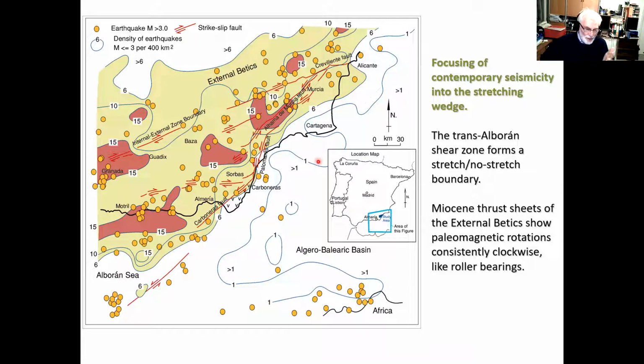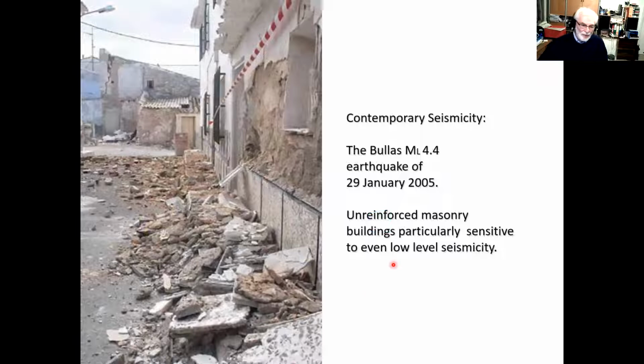So it doesn't necessarily mean it's going to generate big earthquakes. Nevertheless, from time to time, it does generate earthquakes. And there's a lot of contemporary seismicity of relatively low magnitude in this region. This is one which affected this town of Bullas in 2005.